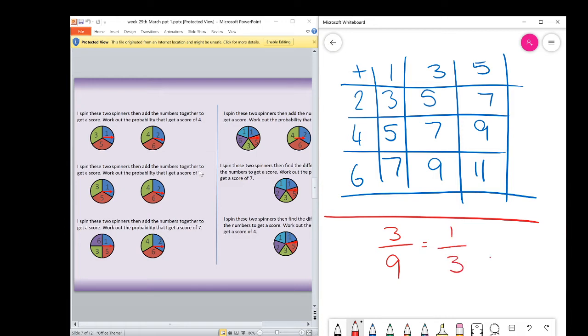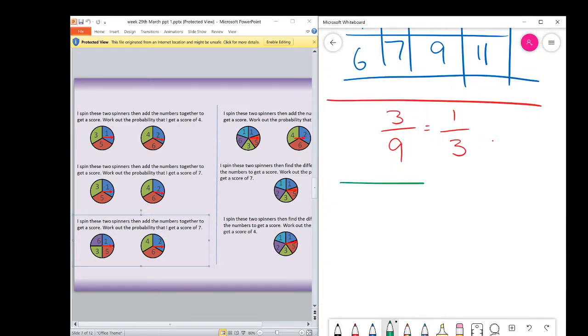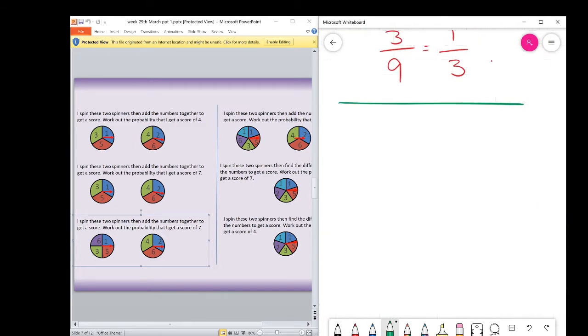Okay, right. Question 3. Now, question 3 is different. So I am going to use a different colour. So spinner 1, I've got the option of 1, 3, 5 and 6. And spinner 2, I've got the options of 2, 4 and 6.